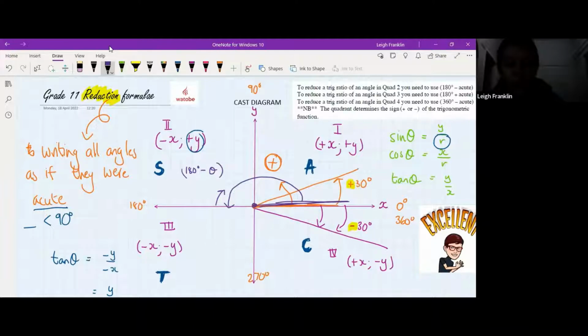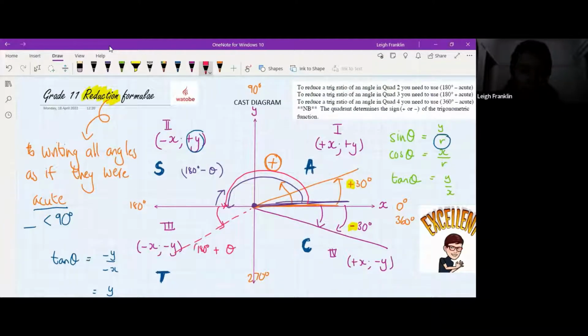Similarly, if my terminal arm is anchored at the origin and it swings 180 degrees in this direction, and then goes another acute number of degrees forwards and comes to rest in quadrant number 3, I would say that I've gone 180 degrees plus theta.